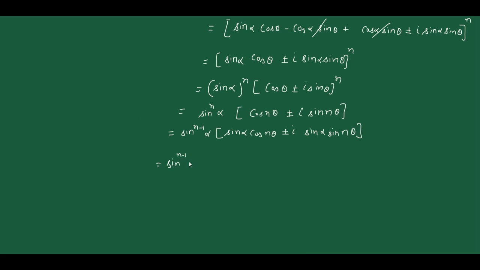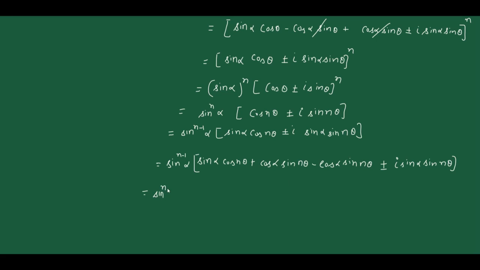sin n minus 1 alpha, sin alpha cos n theta, because we require sin alpha minus n theta in the answer, so we will add cos alpha sin n theta, add this quantity and subtract this quantity, cos alpha sin n theta ± iota sin alpha sin n theta.